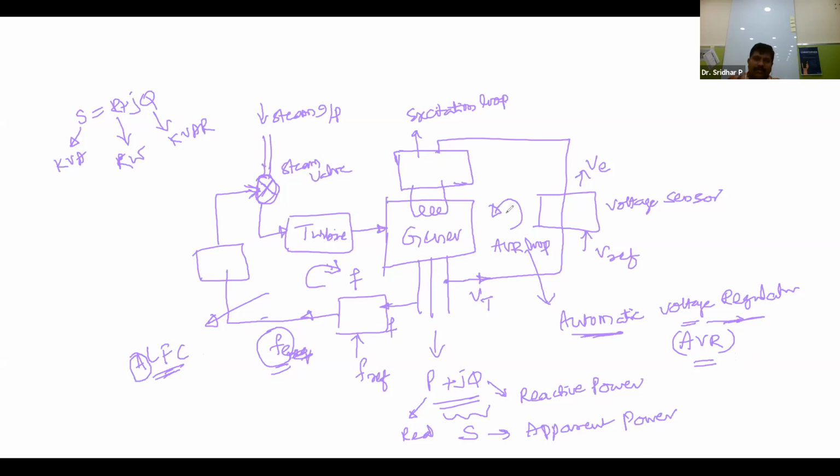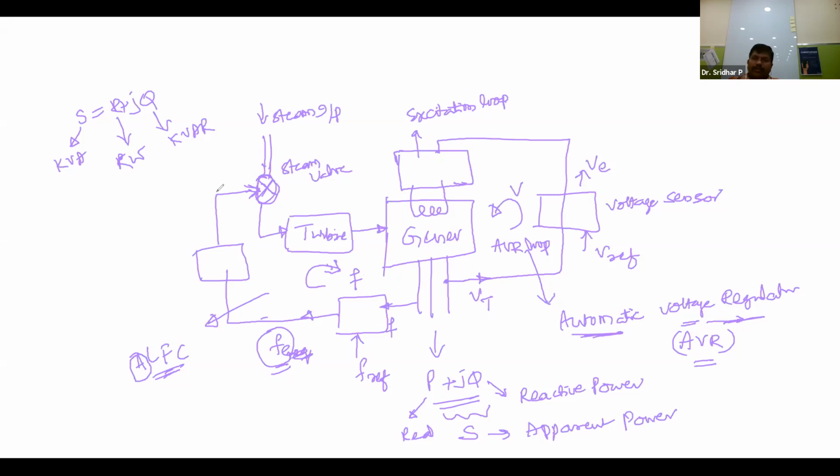So on the left side of this generator there is the load frequency control loop, and on the right side you can find the AVR loop. This is a brief schematic representation of any three-phase alternator or synchronous generator with its two control loops: one for frequency, and the other for voltage.